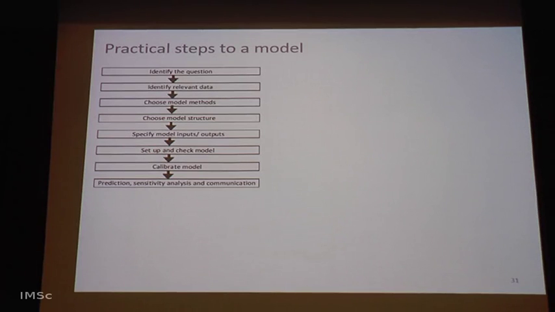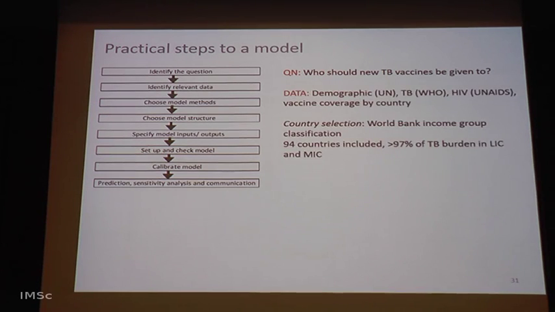Okay, so going back to the flow diagram, our question was relatively easy: should we give new TB vaccines to infants or adolescents? The data that we had, as I mentioned, we used a lot of WHO level data for TB. For HIV, we used data from UNAIDS. The demographic data, on how many people in each country or at each age, was UN data.